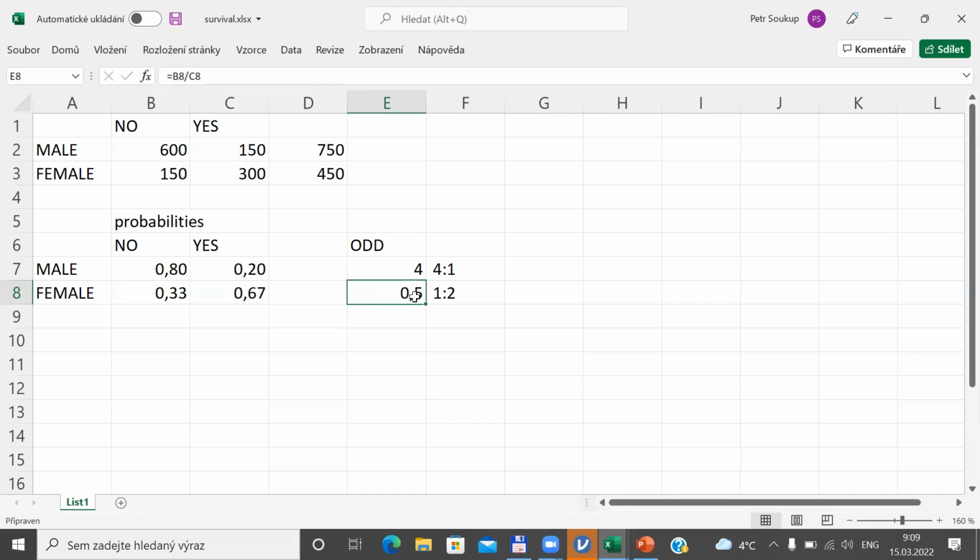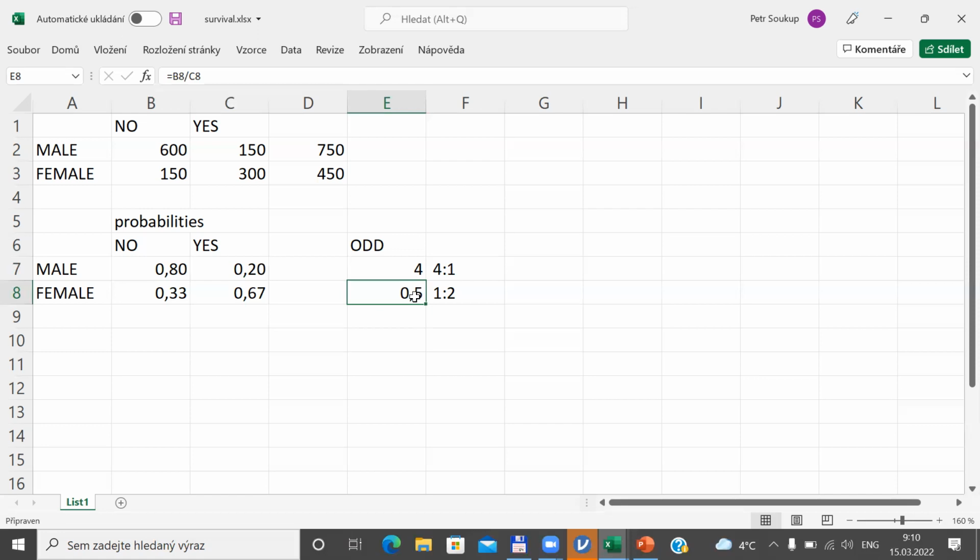If I am inverting these values mathematically, I also need to reverse the interpretation. So it wouldn't be odds to be dead, but odds to survive. That's a computation trick. If you find odds or an odds ratio below 1, every time try to reverse the value and the interpretation. It will be much easier for you.